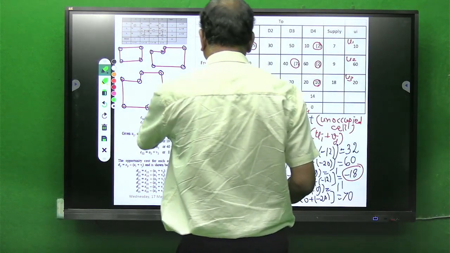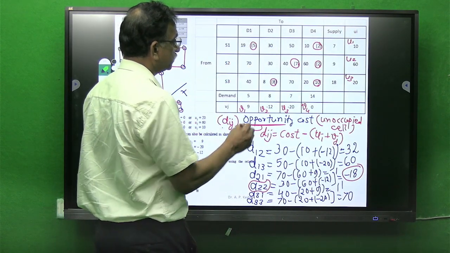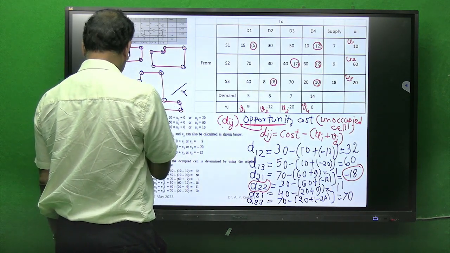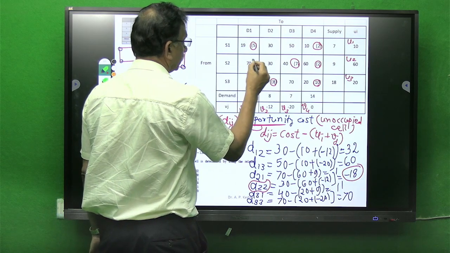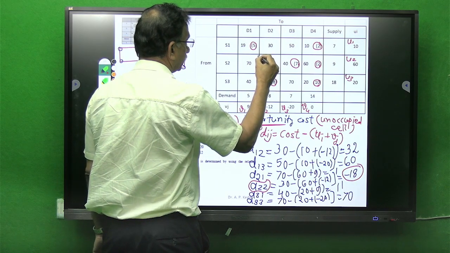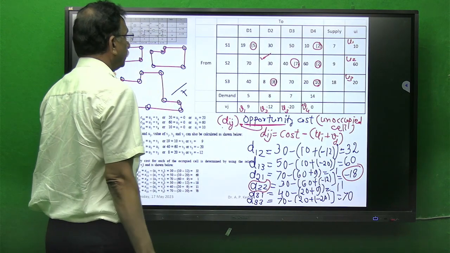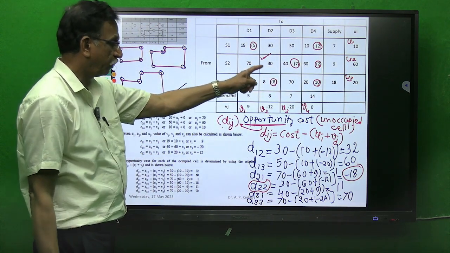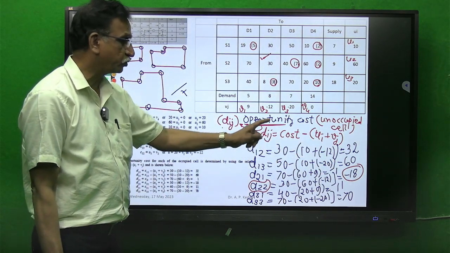So now, we will first identify this cell D22. What you have to do is tick mark that cell, which is having the least negative opportunity cost.